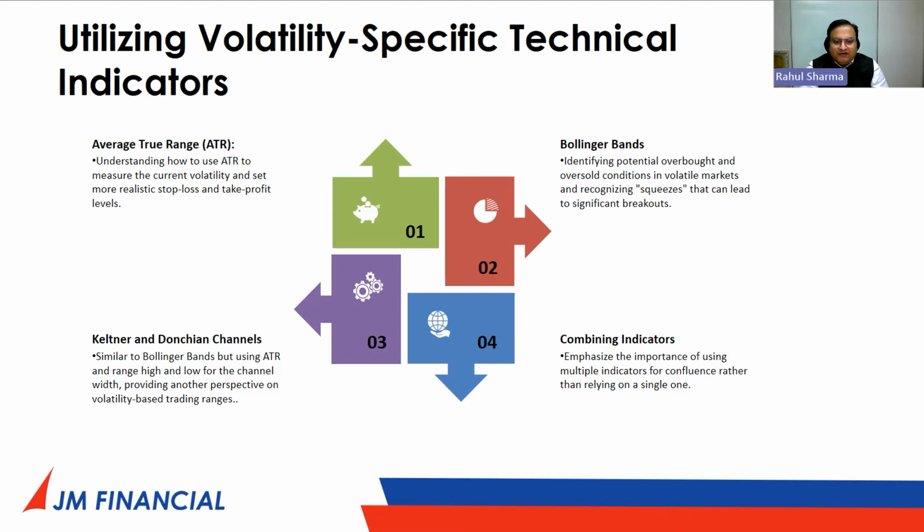Then we have the Keltner and Donchian channels, which can be used for a similar setup, and we could also use a combination of indicators, where we are not relying on just one indicator, one setup, but combining 2 or 3 of them, and then trying to play out on the volatility side.